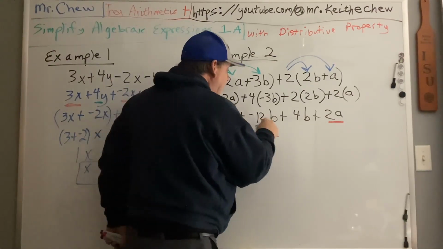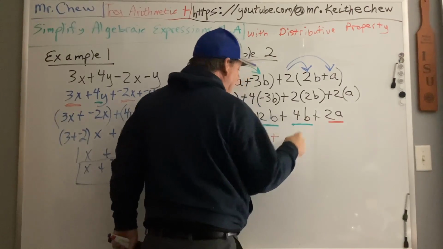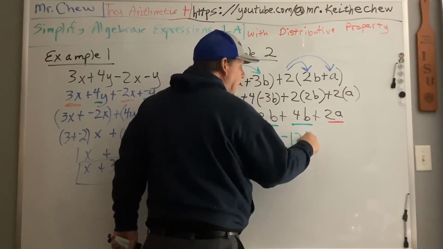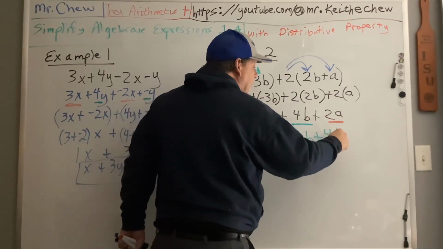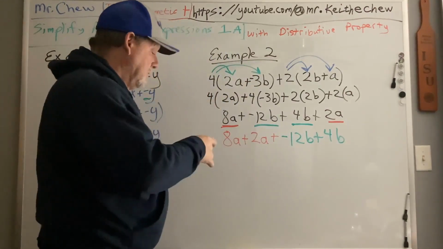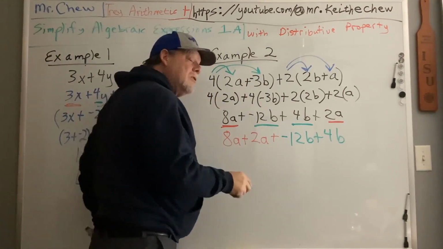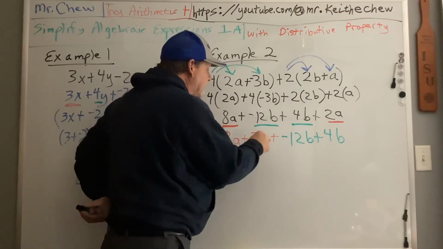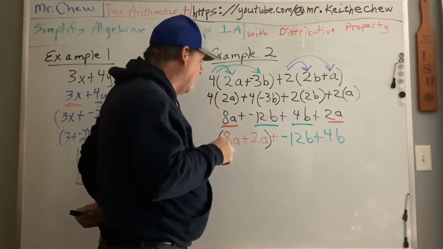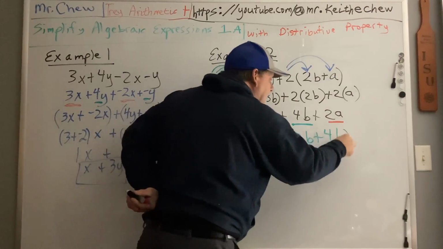And now we're going to have the terms of b, negative 12b plus 4b. We can use what's called the associative property and say that I can combine those like terms, and I can combine those like terms.